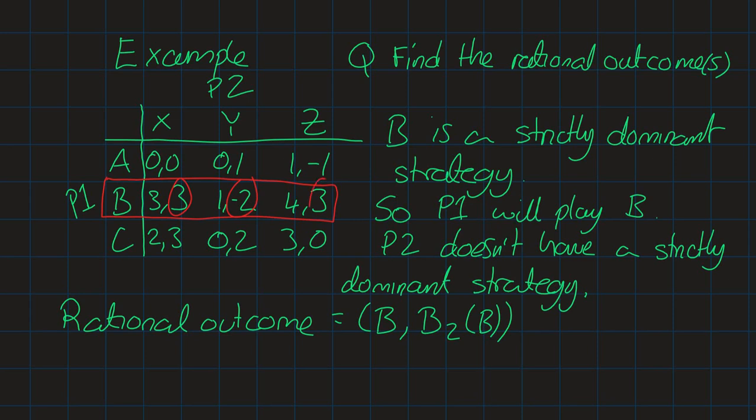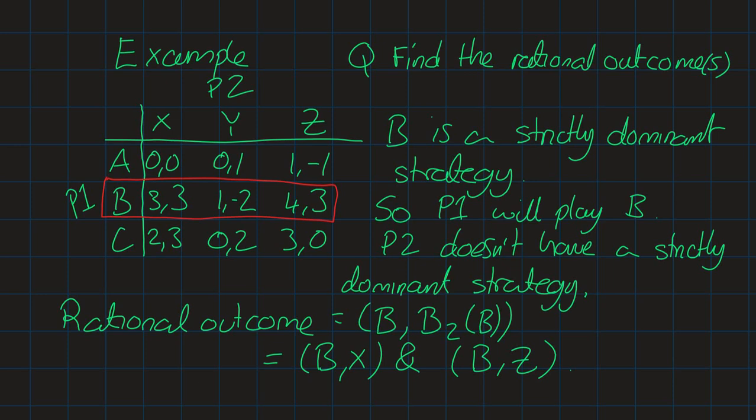If they choose Z, they get 3. So the best response in this case isn't unique. There's two of them: BX and BZ, because they're equally the best response for player 2. So the rational outcome is BX and BZ. There's more than one rational outcome, but that's okay. So that's the end of this example.